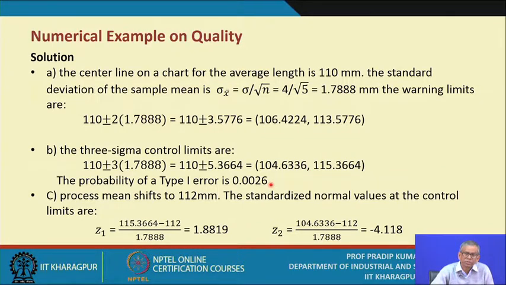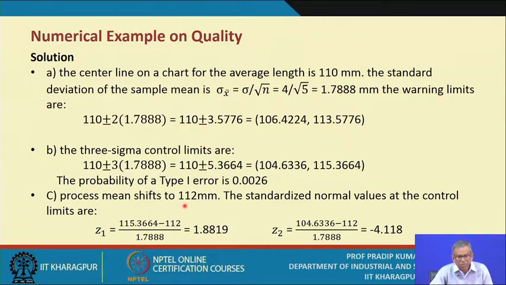So, it will be 0.0013, and similarly you compute the z value at the UCL, that is 115.3664. You will find the z value will be plus 3, and if you refer to the standard normal distribution, you will find that the corresponding area under the curve beyond z equals plus 3 is 0.0013. Is it okay? So, the total area, if you compute, will be 0.0026.